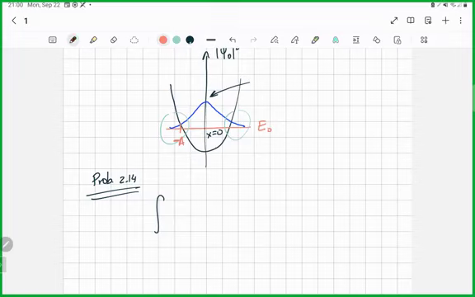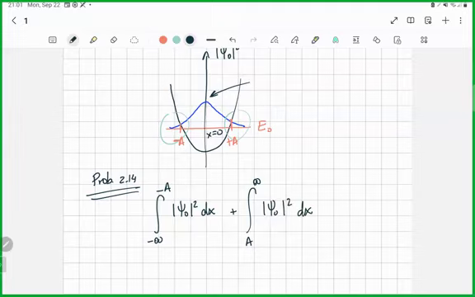From minus infinity to minus A, and we are thinking here about the ground state. So this is the forbidden region, and the forbidden region is also here, beyond this amplitude plus A. To get this probability, you need to compute this.